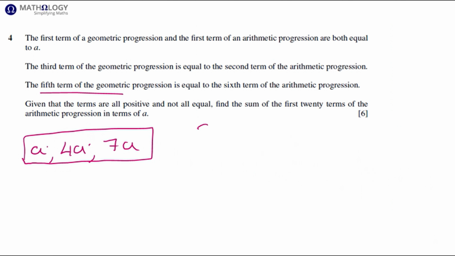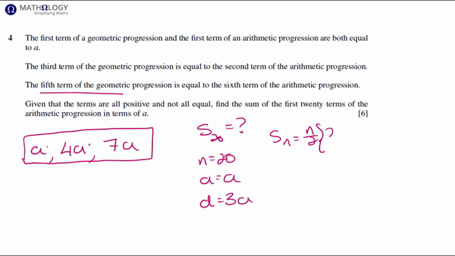So now we have our arithmetic sequence in terms of a. We want the sum of the first 20 terms of the arithmetic sequence. So n equals 20. The first term is a, and the common difference is 3a. So the sum to n terms is n over 2 times (2a plus d times (n minus 1)).